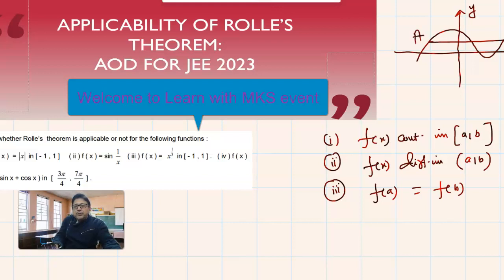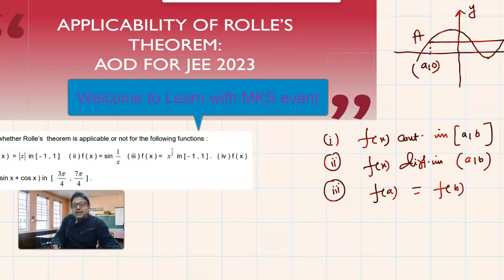So if these are 2 points, the interval we are taking as [a, b], this point has coordinates (a, 0), this one (b, 0), then there exists at least one horizontal tangent between these 2 points.